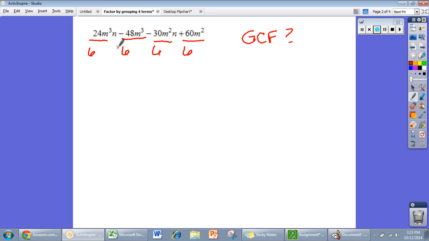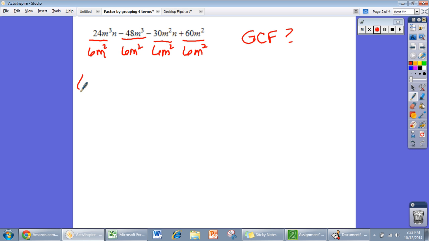Let's take a look at the variables. Sometimes you'll be able to divide by a variable as well, sometimes not. M to the third, M to the third, M squared, M squared. All of them contain an M variable, and I'm limited by my smallest exponent, M squared. They all had an M squared I can divide by.